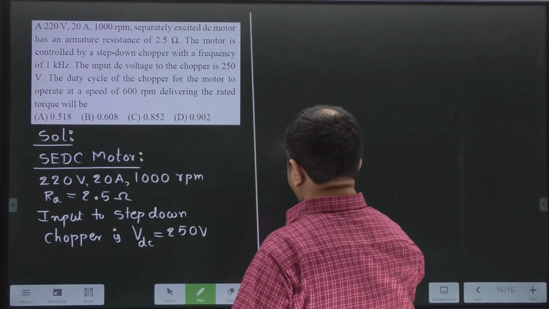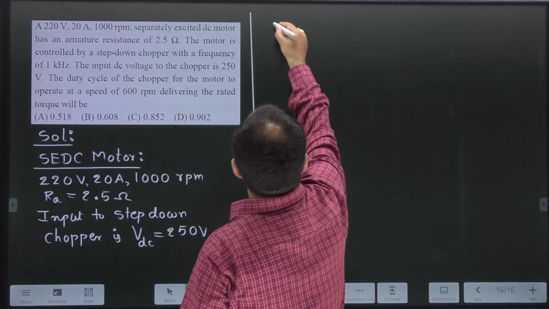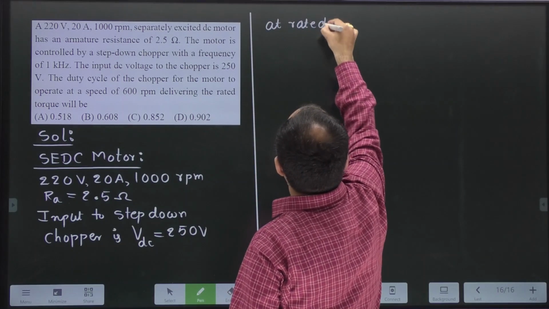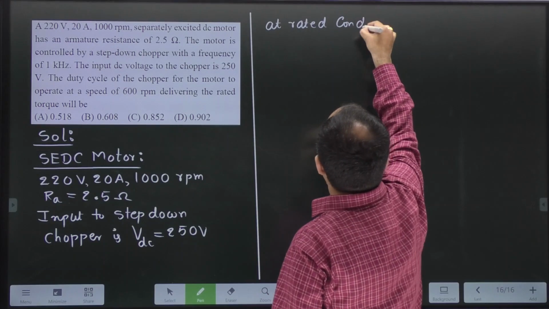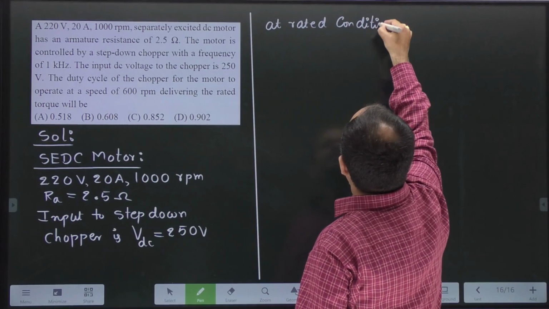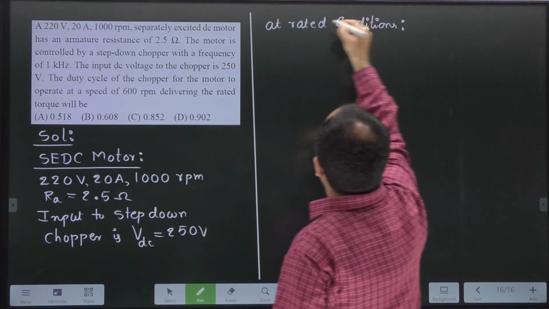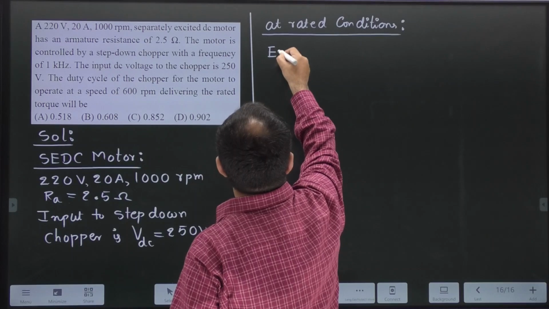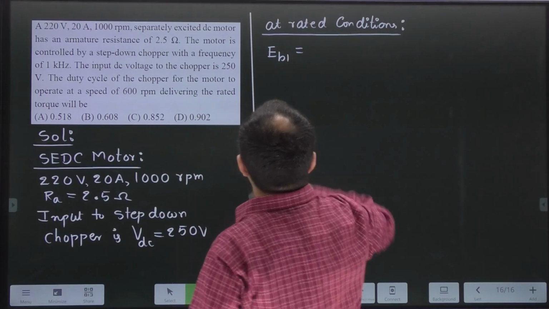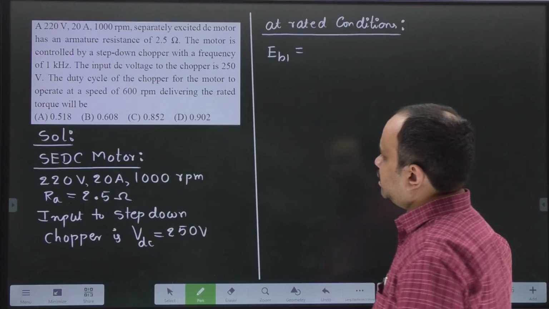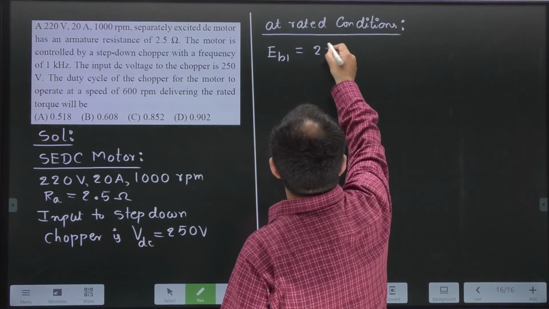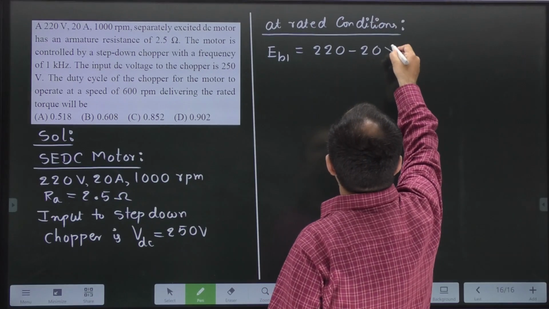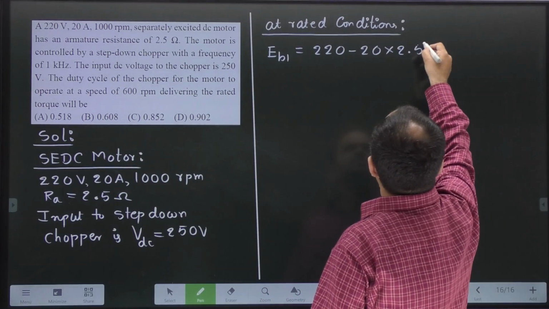So what I can say here, first, at rated conditions, let us calculate back EMF first. Let us call it EB1. So how to express that? 220 minus 20 into 2.5.